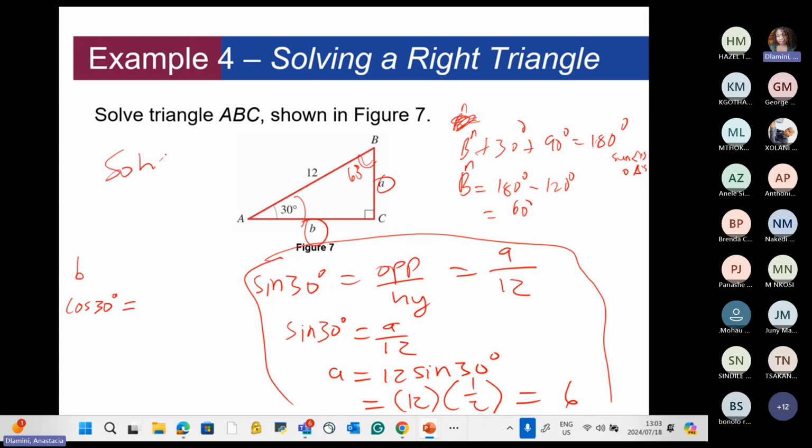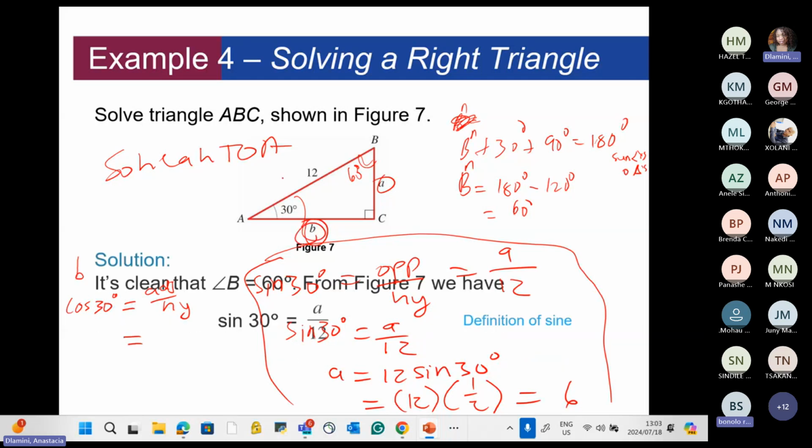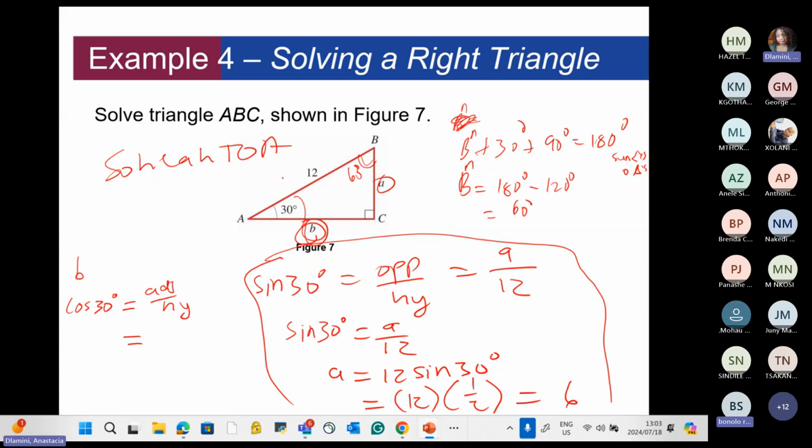SOHCAHTOA. Adjacent over hypotenuse. Thank you. And we know adjacent is just the side next to the angle, which is not the hypotenuse. So this is b over 12. Meaning that b is equal to 12 times cos 30 degrees. What is cos 30 degrees?